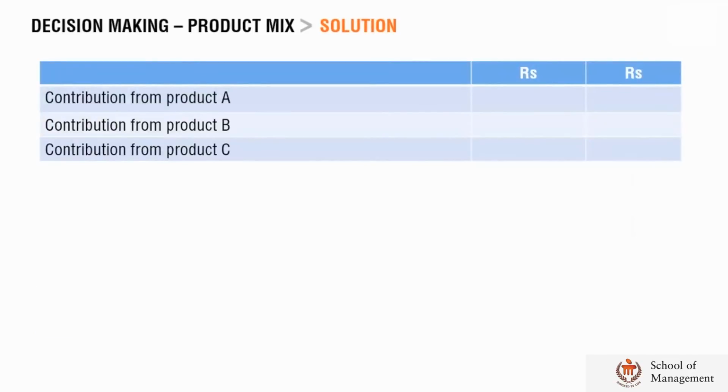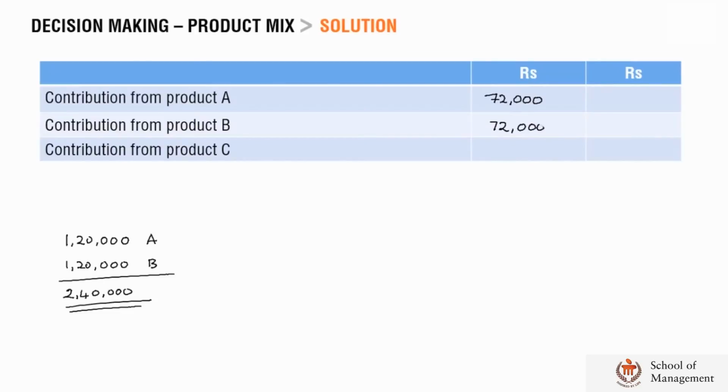So, the contribution in total from product A and B was, if you remember, 1,20,000 rupees and 1,20,000 rupees, adding up to 2,40,000 rupees. Now we get 60% of this, which is 72,000 rupees, and 72,000 rupees for B, adding up to 1,44,000 rupees. The contribution will go down from 2,40,000 rupees by 96,000 rupees.